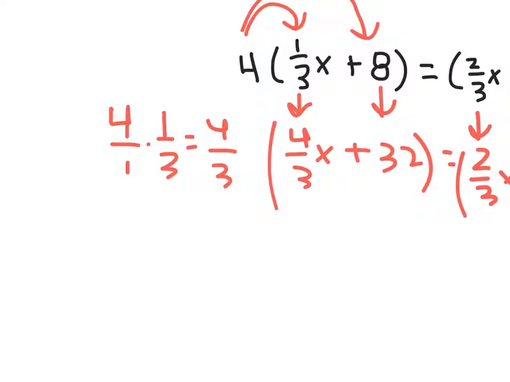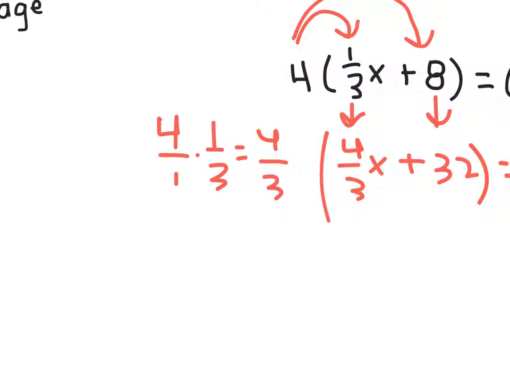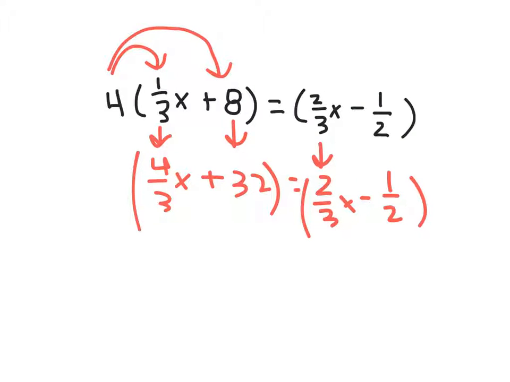Something that would be good is probably 6, I'd say, that would be a good thing. So now we're going to multiply by 6 on this side. And whatever we do to one side, we have to do to the other side. And the reason for that is because we want to keep the equation balanced on both sides.